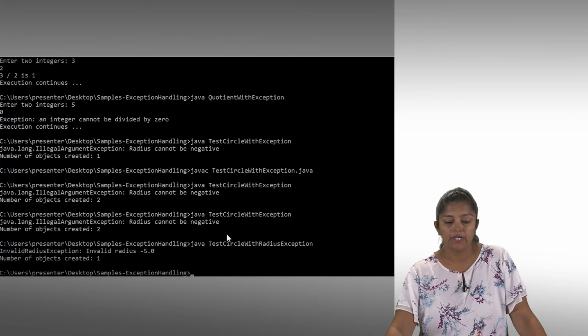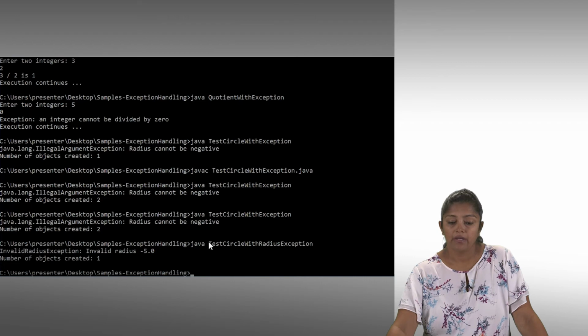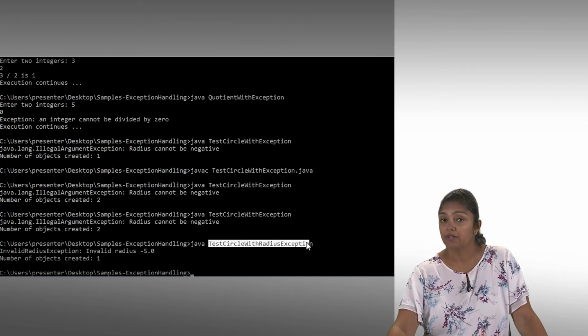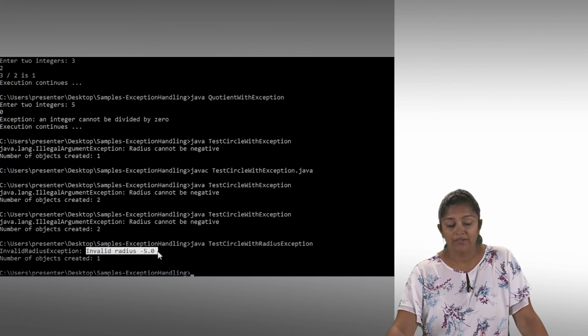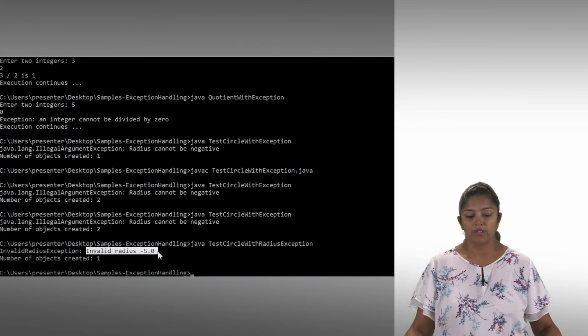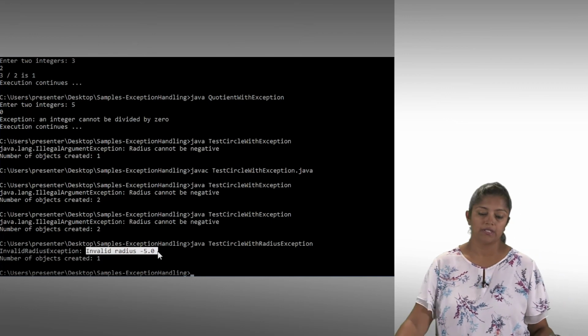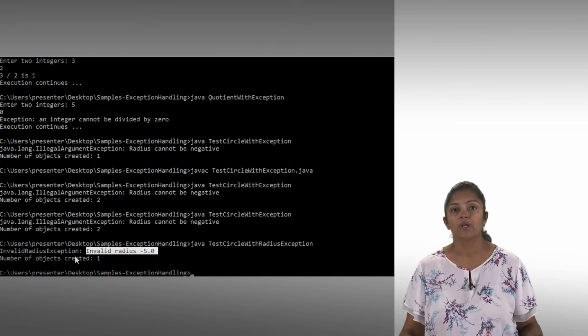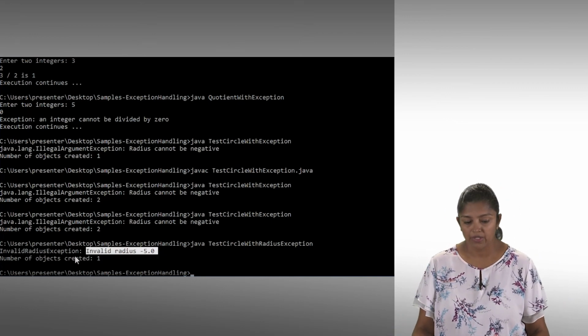I ran the test circle that was using the custom exception class. If you look closely at the error message, it says invalid radius -5. So it's providing additional information about the exception that occurred, and then it's printing the number of objects as well. So that's how it works.